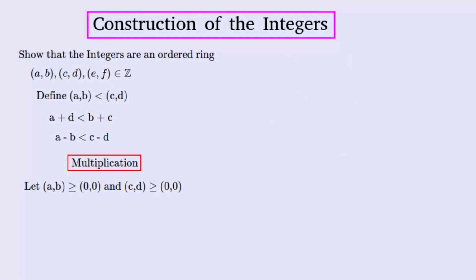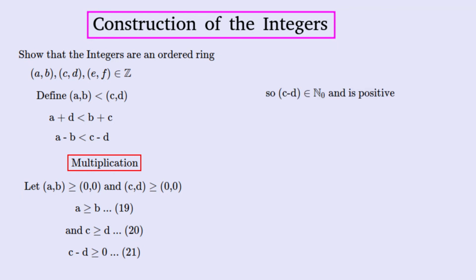Now to prove the multiplication axiom correct, we'll set these integers to be greater than 0 using the 0 integer in this form. We can get these two inequalities from these integer inequalities. We can manipulate one of these inequalities to be this. So this number is a positive or 0 number, and so it is a natural number.